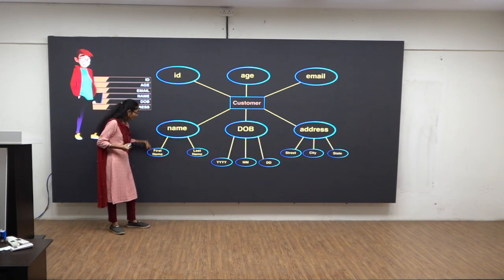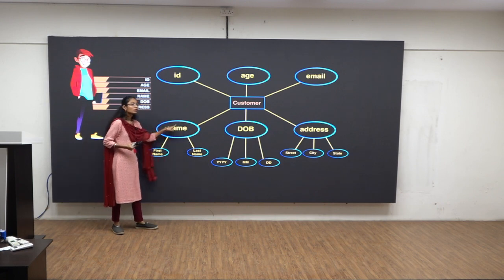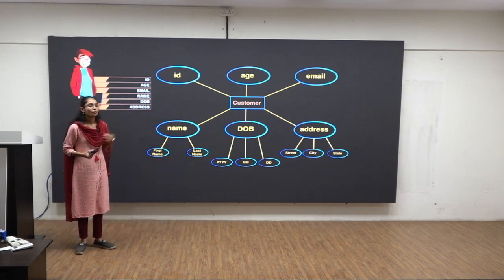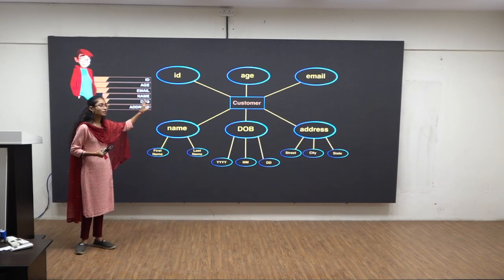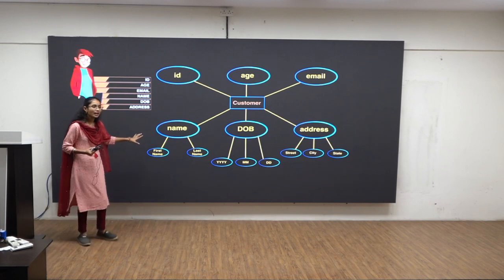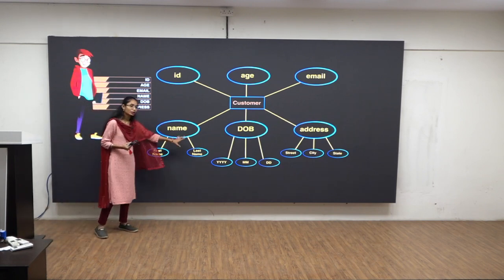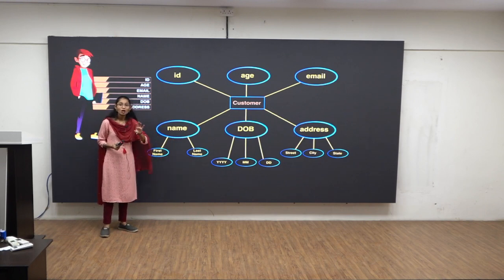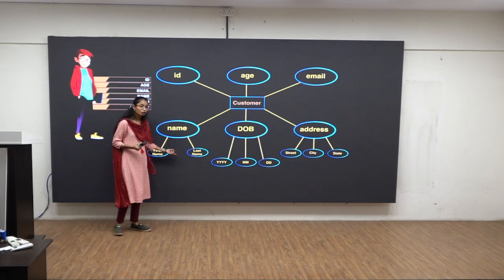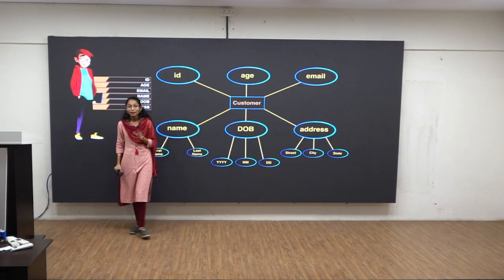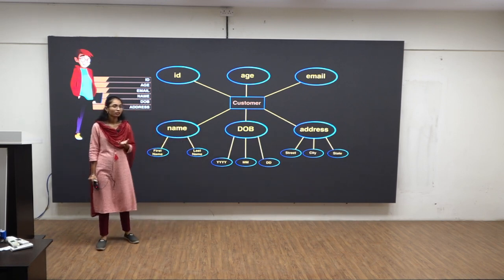So this will be the representation for the composite attribute. For the simple attribute, just an ellipse. But for the composite attribute, first an ellipse will be there, and that will be divided further. It is not that it will always be divided into 2, it can be divided into 3 as well. It depends on the data.